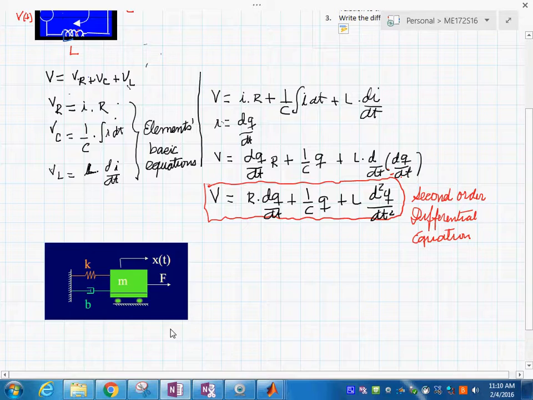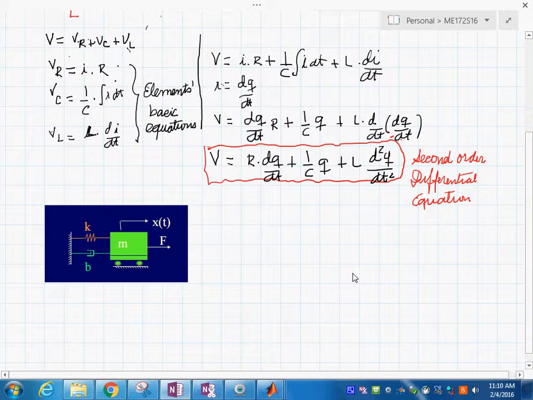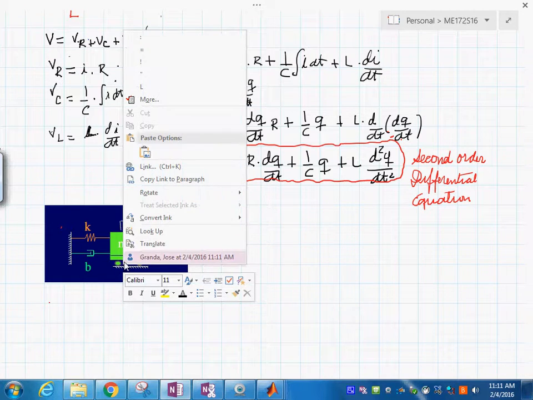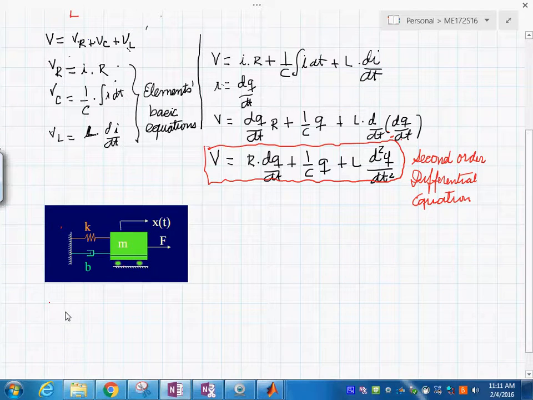Okay, on this other case, what we're doing is we're going to create the free body diagram over here.